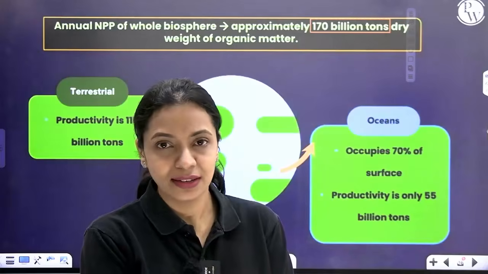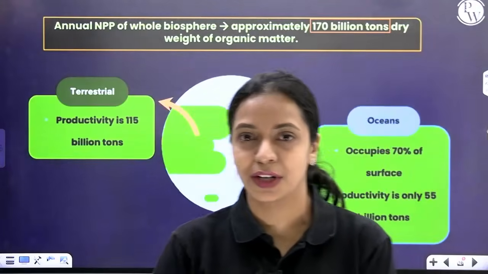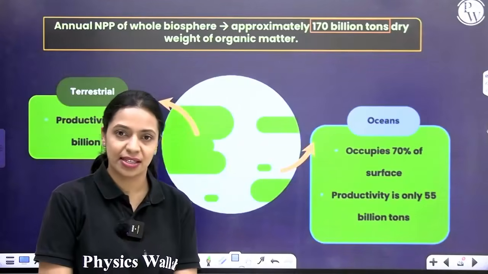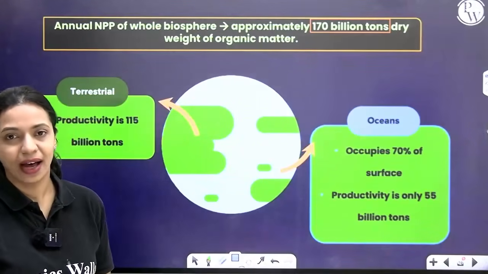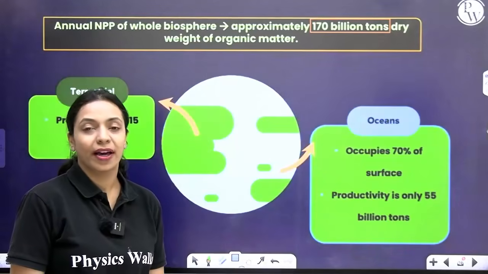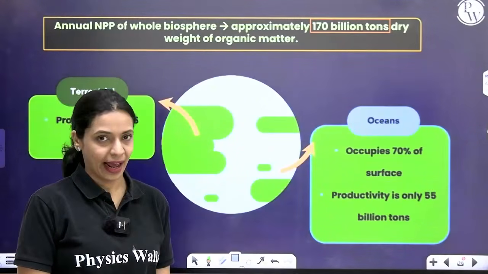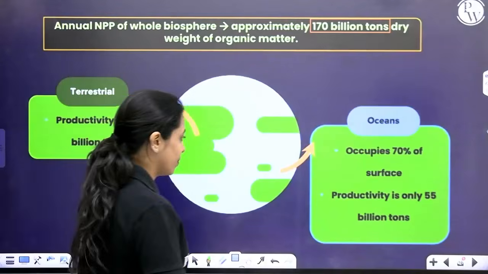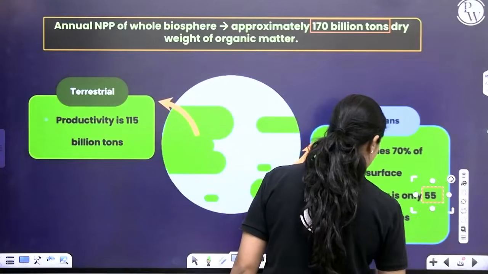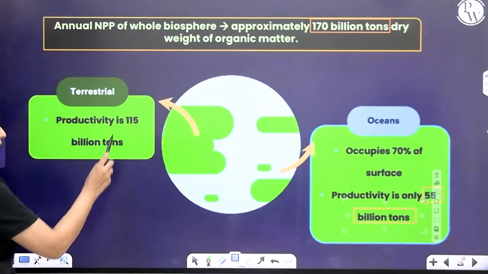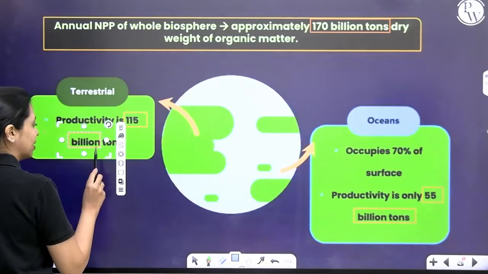Now, if you look at the earth, it's majorly filled with water. 70% of our planet, I suppose, is oceans, and you have comparatively little land mass. Even though the oceans occupy such a huge area, the net primary productivity of oceans is just about 55 billion tons. Whereas on land, the productivity is as high as 115 billion tons.